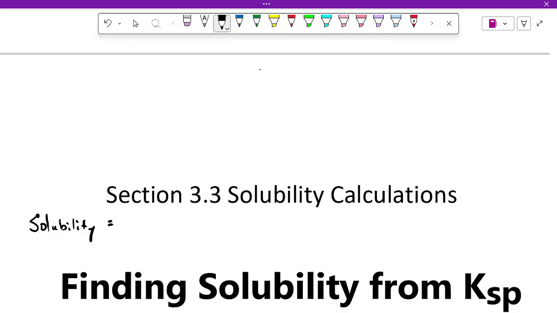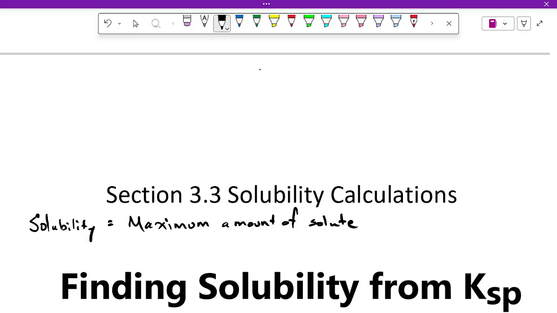What is solubility? Solubility is the maximum amount of solute. We could use the word solute instead of dissolved substance, because that's what that means.